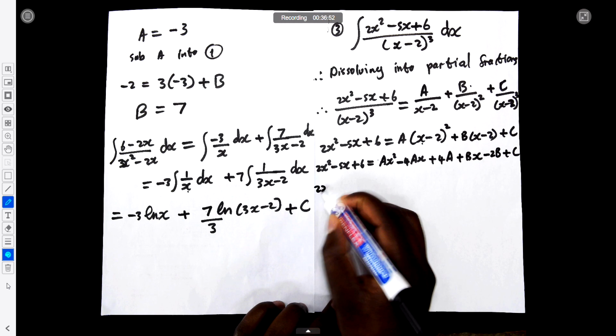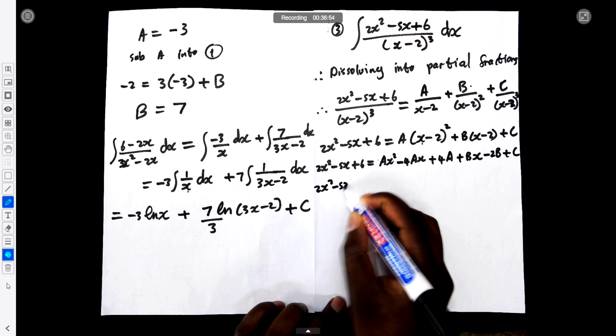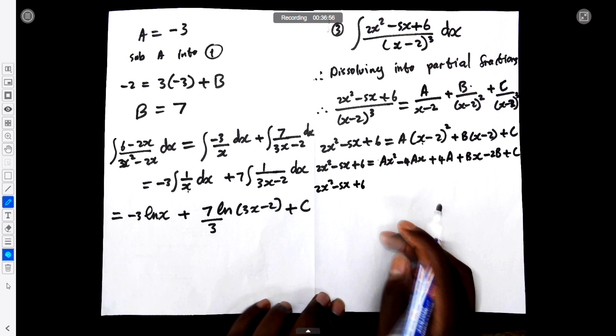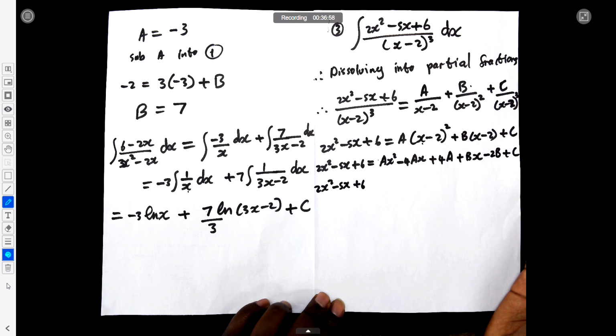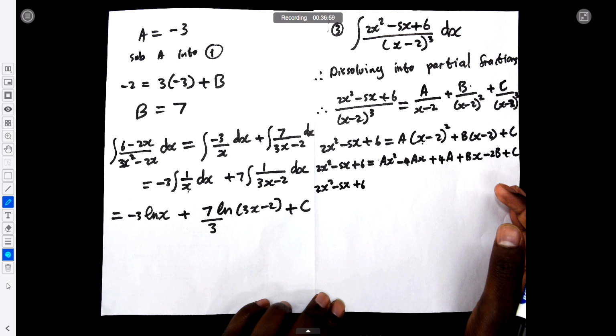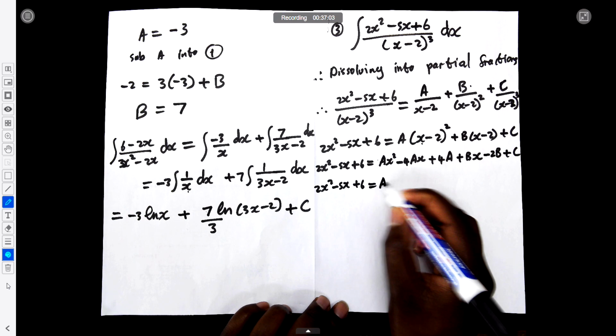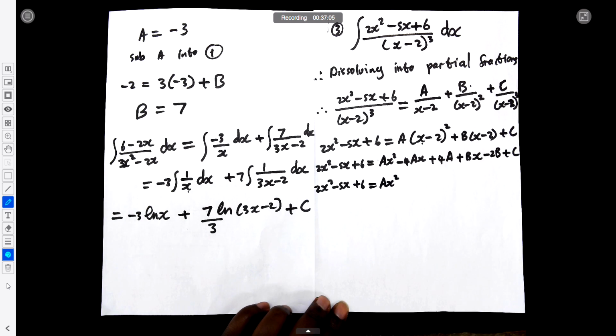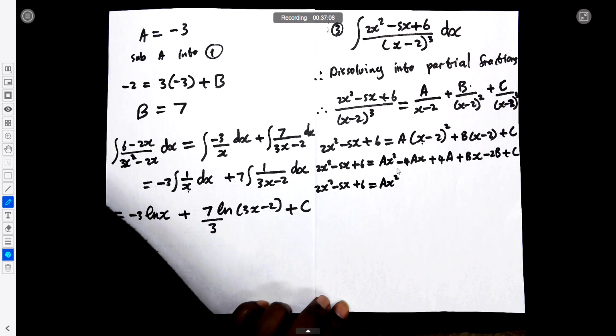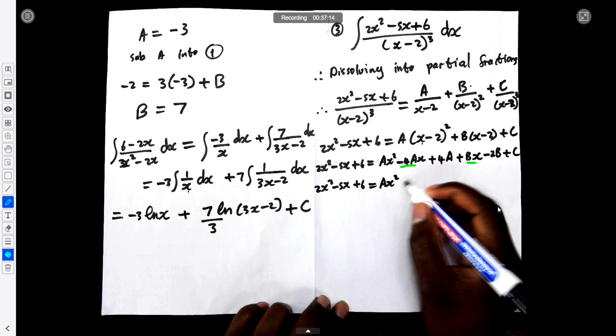So now the second part will have 2x squared minus 5x plus 6. Let us group the terms that consist of x squared, the terms which consist of x, and the constants. The x squared is just one term. Then the other ones which consist of x are this one and this one. So group them together and take out the common factor.